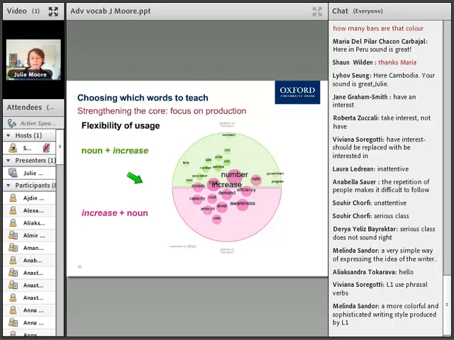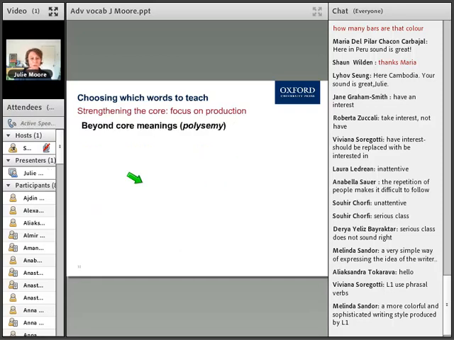So something like risk, you can say the risk increases, or you can say something increases the risk. And I would use this for my students to get them to try and write some example sentences of their own using these combinations. Now, how many combinations I give them would depend on the level of the students.